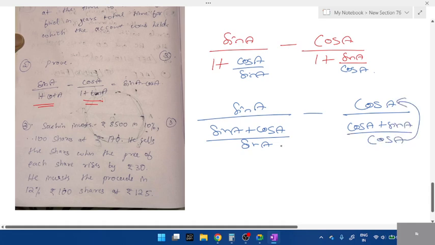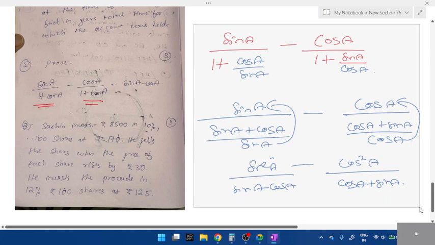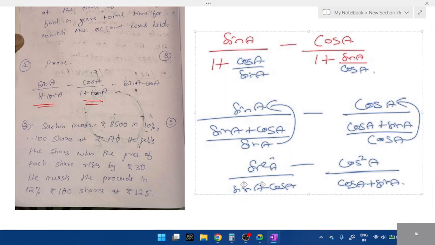This goes to the numerator, right? Right hand side, we need sin A minus cos A.